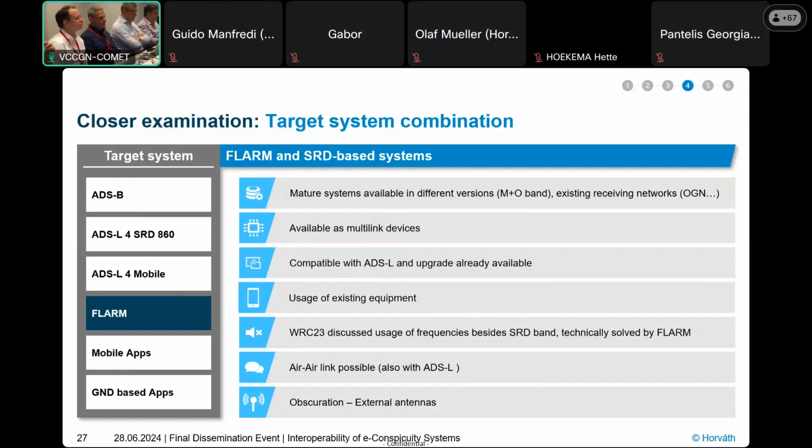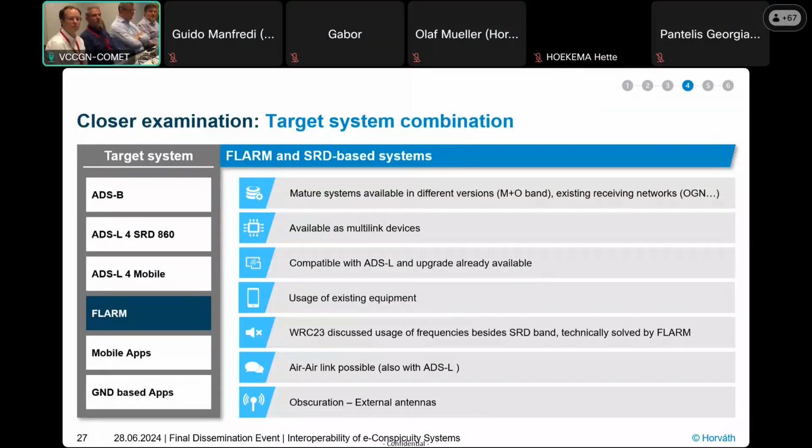There's one issue about the frequencies. The World Radiocommunication Conference 23 discussed the usage of adjacent frequencies of the SRD spectrum for mobile and satellite communication, but I talked to the manufacturers and the problem is already solved by the FLARM technology. So the saturation of the receivers is not a problem anymore.